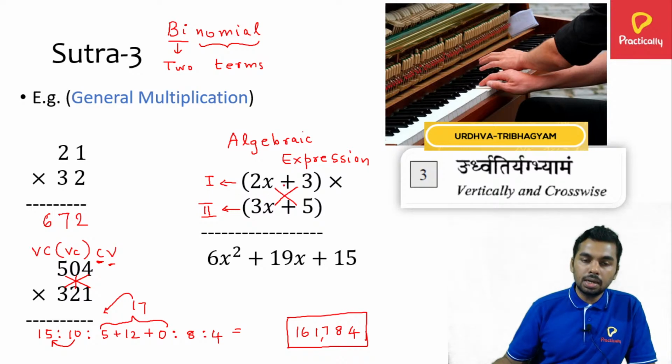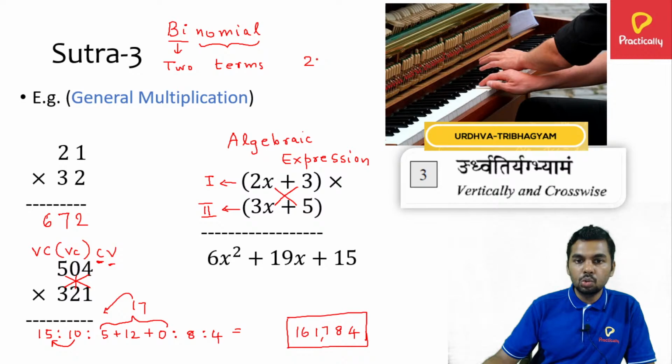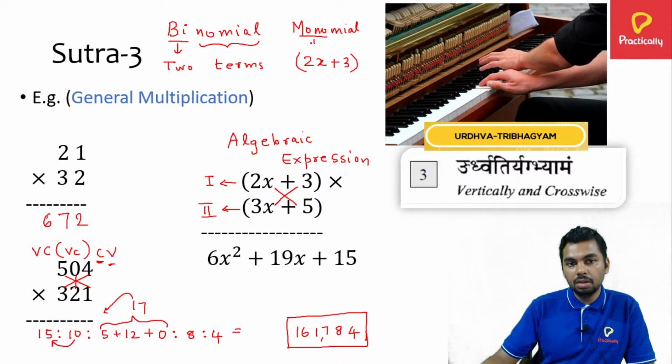Now if I only consider the first part, so consider 2x plus 3. So this is what is called a monomial. Mono meaning 1, and the remaining part is approximately translated as one term. So this is just one term.